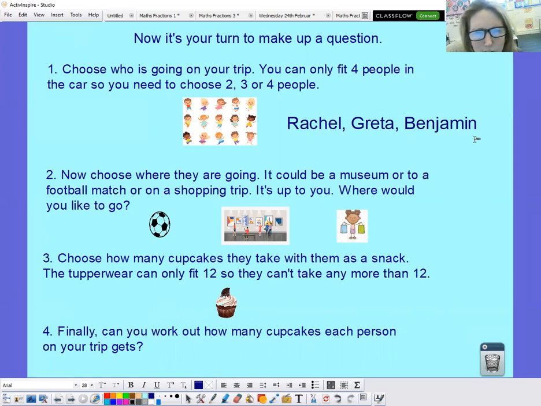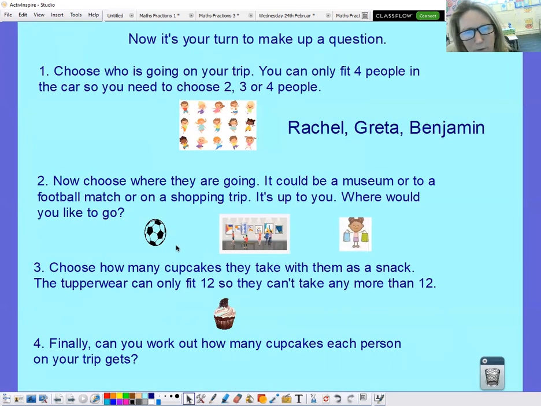And now you need to choose where they're going. So this isn't important for the maths, but this is just important for your entertainment. So you can decide where they're going. And I'm going to decide that Rachel, Greta, and Benjamin are going to a football match. So I'm going to move my football over here to show that Rachel, Greta, and Benjamin are going to a football match.